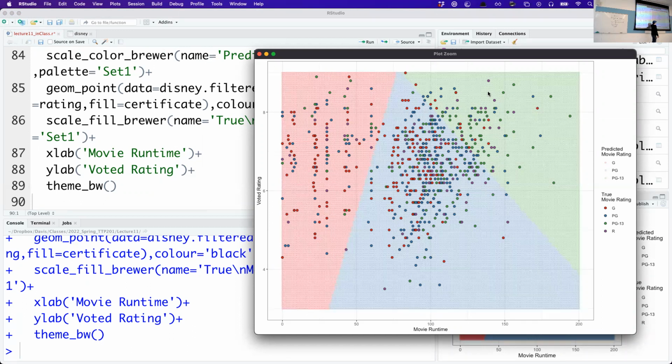And so whether you use the multinomial logistic or the LDA depends on the context of the problem and where you think you might get better results. I mean, you could just run both and then calculate the error rates and see which one does better at predicting.